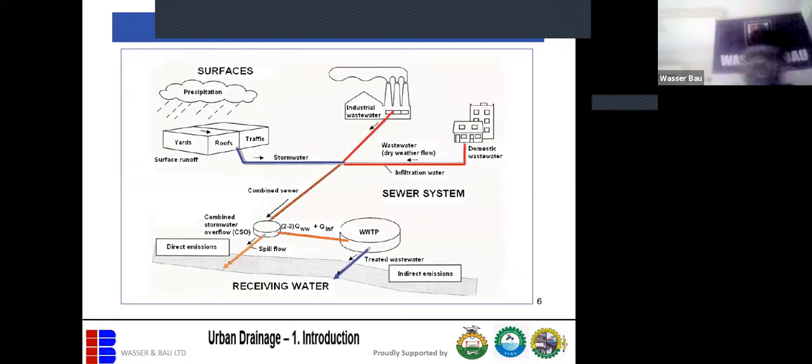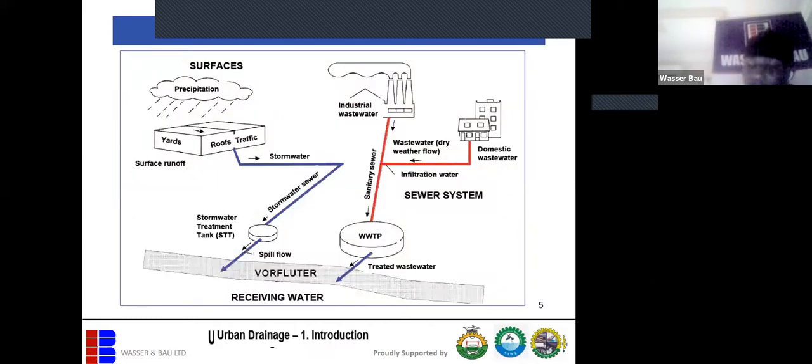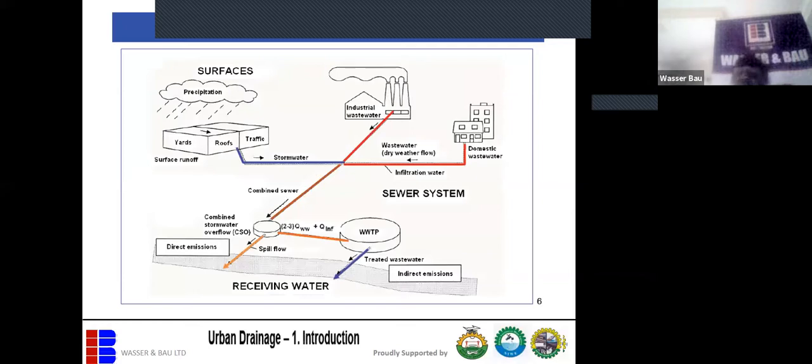Then for the combined system, these are separate systems. And when you now combine them, it means both the wastewater and the stormwater will flow in the same pipe, but not at the same time. Because when there's no storm event, it will be wastewater flow, a dry weather flow. And when there's a storm event, it will become a high flow.